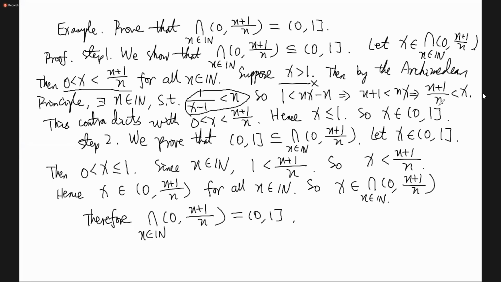This is again because we want this condition to be true. So we reverse this inequality to get what we want. So when you work on this problem, you would work on your scratch paper to find out what condition you want, and then you reverse this condition to get the quantity which you can use the Archimedean principle. Okay.